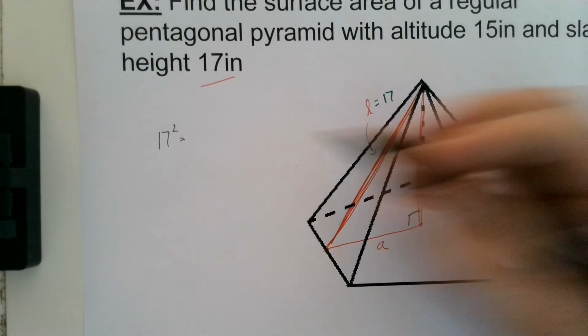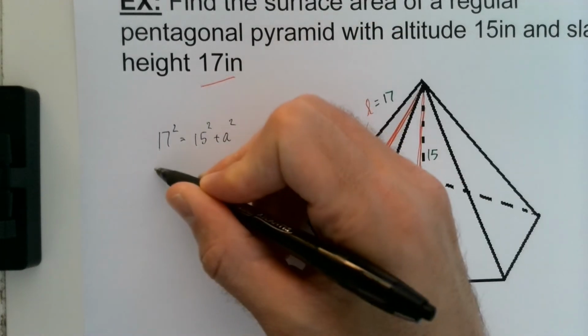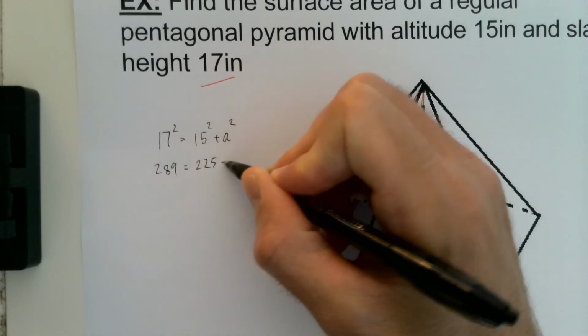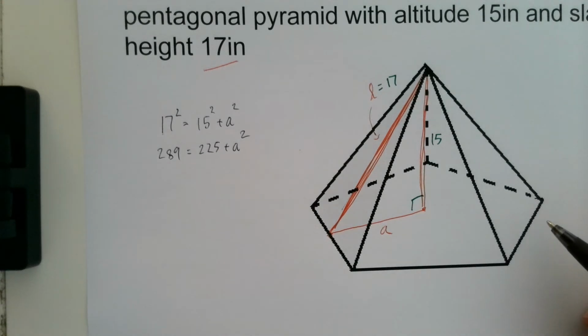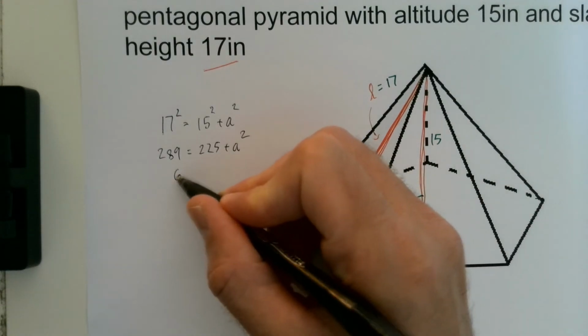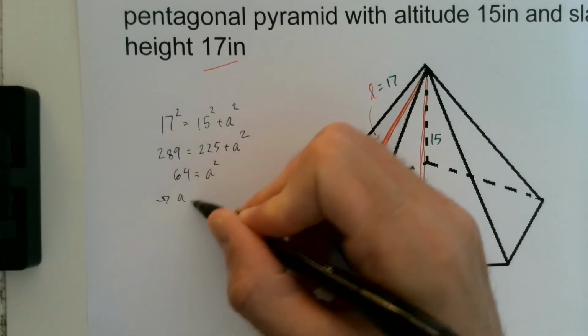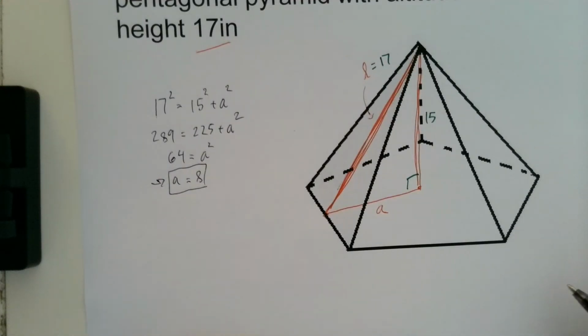So this squared is the same as 15 squared plus little a squared. Let's see, if we subtract those on both sides, I think we get 64. Okay, kind of important. Apothem is 8.